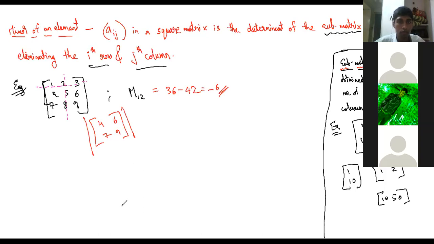Sir, what is M? The symbol of minor. Minor of element Aij is Mij. No, the element is Aij. Minor is Mij.